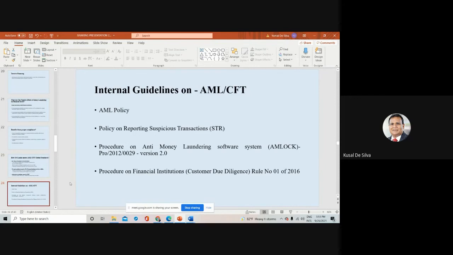Then internal guidelines. Basically, every bank has an AML policy, a policy on reporting suspicious transactions, and a procedure on anti-money laundering software.